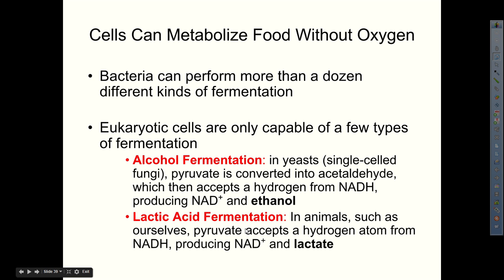Lactic acid fermentation is something that happens in our muscles. Whenever we deprive our muscles of oxygen, they start to cramp. That cramping is due to the production of something called lactate. Basically, if you've ever been running really hard and suddenly you get that really sharp pain in your side, that sharp pain is from lactic acid.